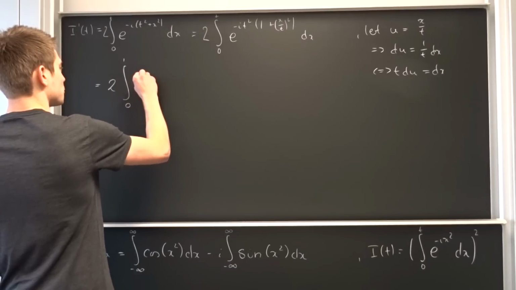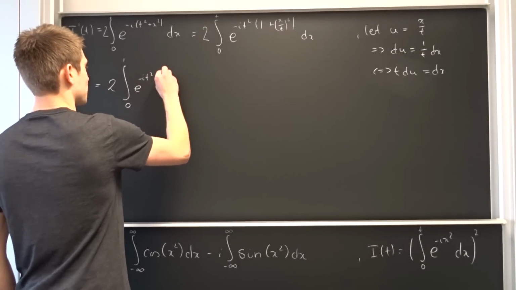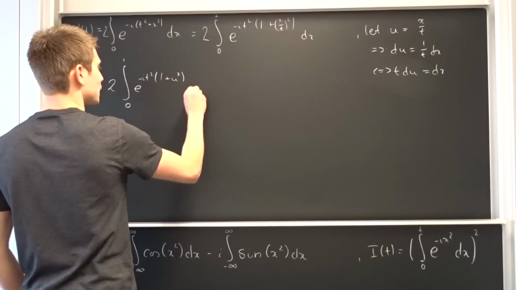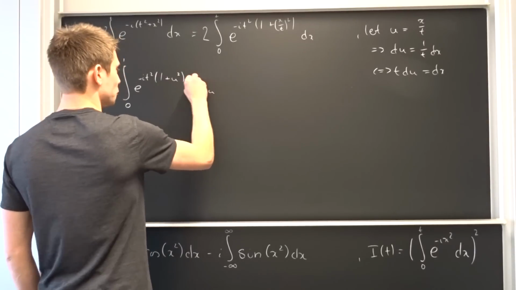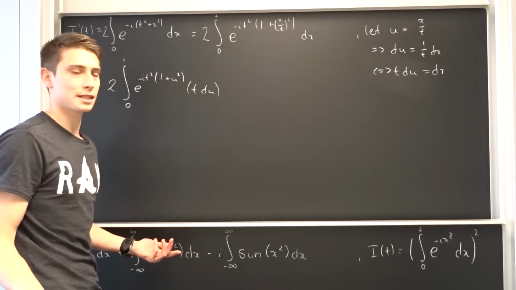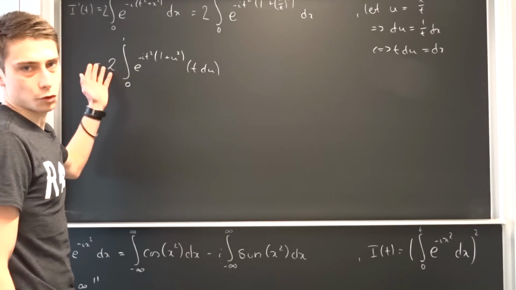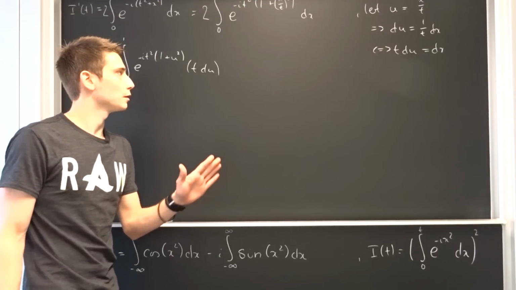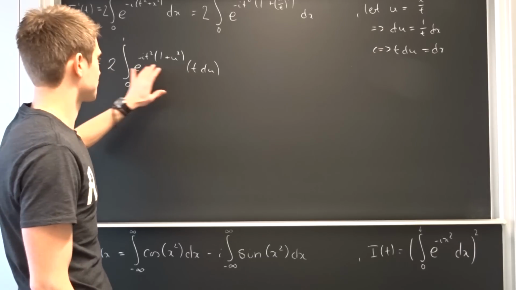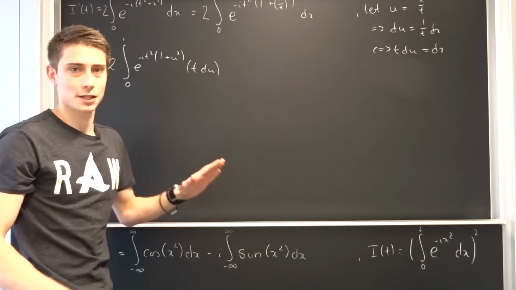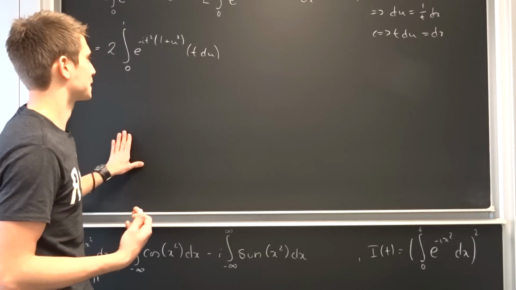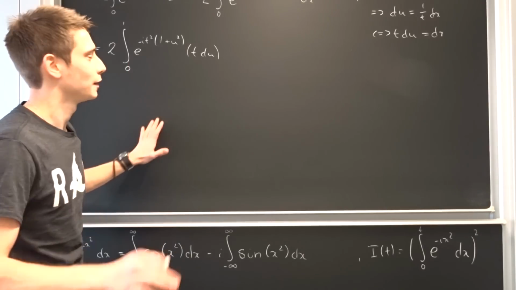So we've got e to the minus it squared times 1 plus u squared times t du. Okay, that sounds great. And yeah, we can bring this to the front if you like. But we need those 2 terms in the next step. So keep in mind that there's a connection to this one.